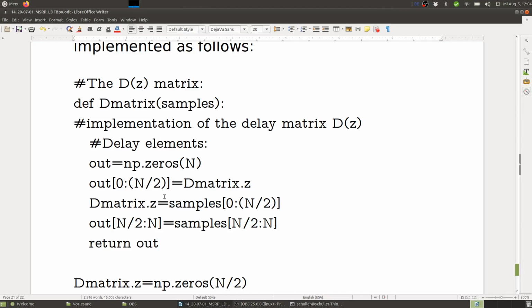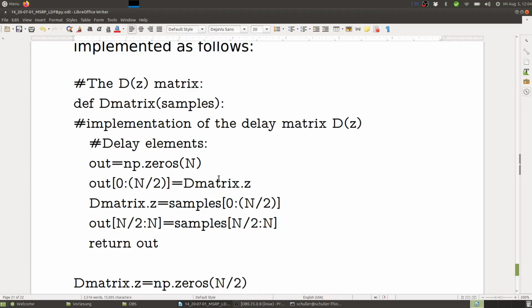The next time it's called, it gets actually the first half of the block assigned, right? But only after it used the content to produce the output. So this is the delay function. So it assigns the output the last entry of this delay element, and then the delay element gets the current entry for the next call. Right.